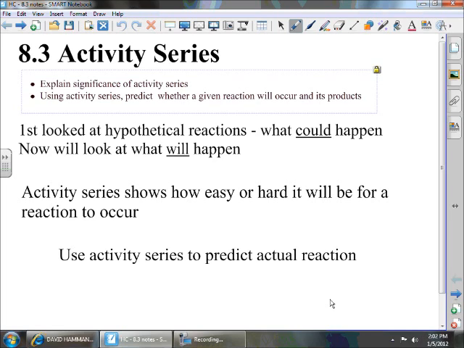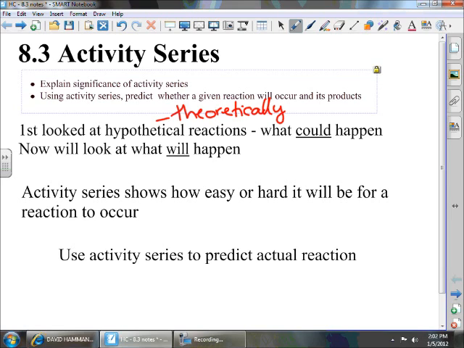So the significance of an activity series: the activity series tells us how reactive metals are, so whether or not they will actually go through a chemical reaction. The predicting part is we'll realize that, yes, hypothetically or theoretically, we could figure out what could happen.